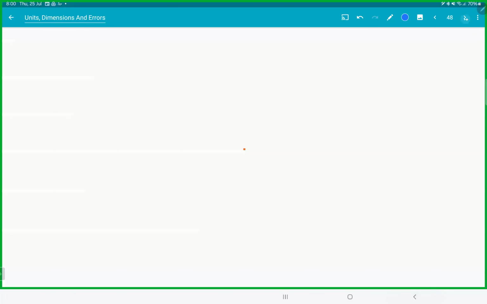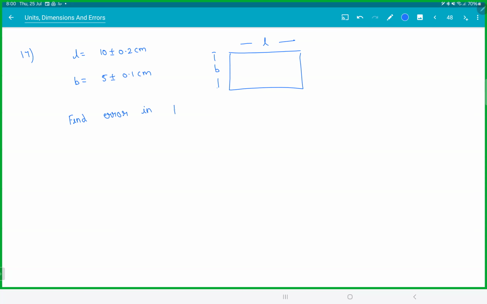Next one. So this is a rectangle, length L and breadth B. Find the error in perimeter. Addition subtraction is easy.